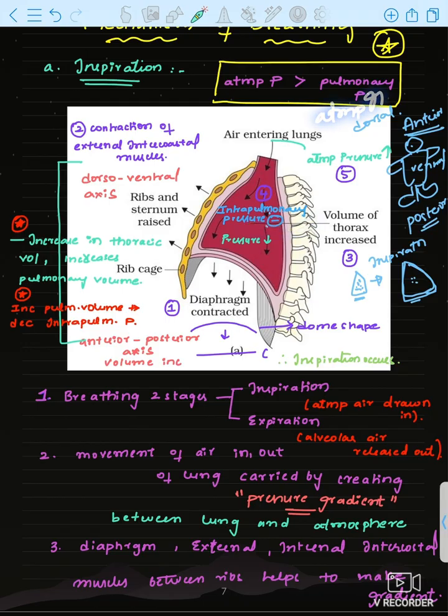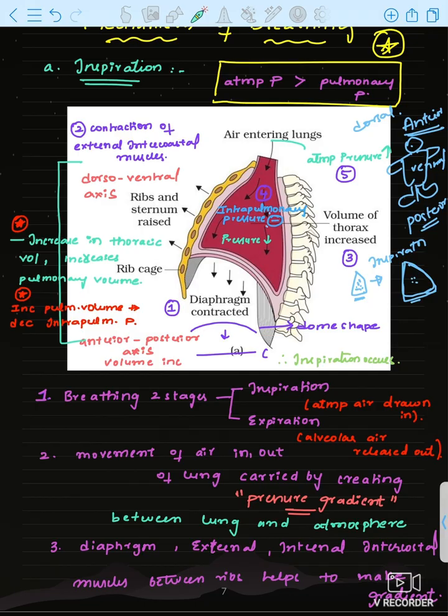That's why air enters the lung, and inspiration occurs. See, once again I will explain. It is so simple, you just have to understand it nicely. First step is inspiration. You remember these arrow marks. They will just give you this diagram and ask whether it is inspiration or expiration.